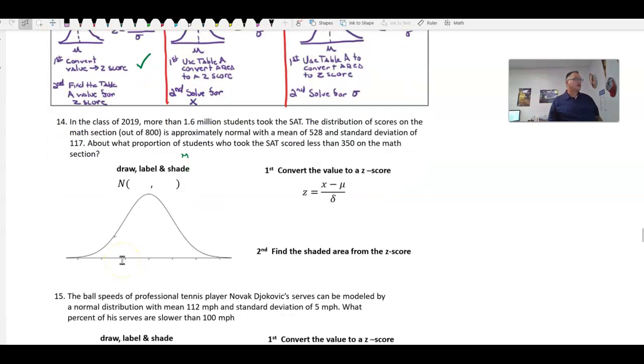All right, so in 2019, more than 1.6 million students took the SAT. Distribution of scores on the math section out of 800 is approximately normal with a mean of 528. So our 528 is going to go here, and then we put that right in the middle.